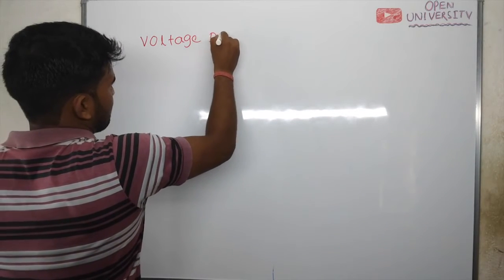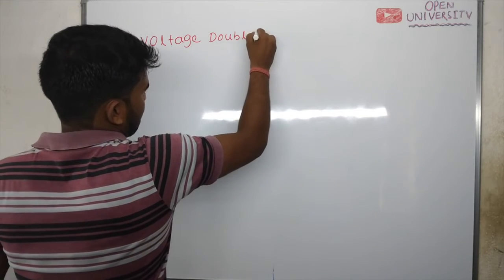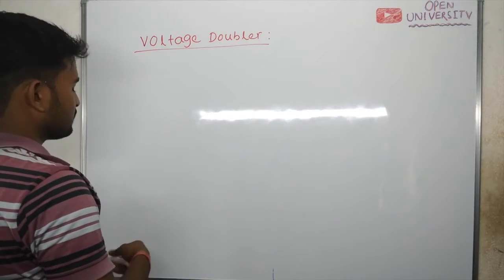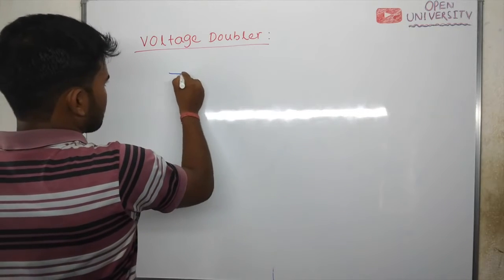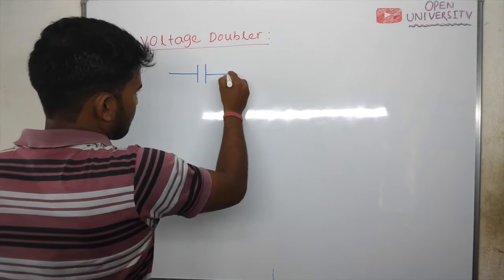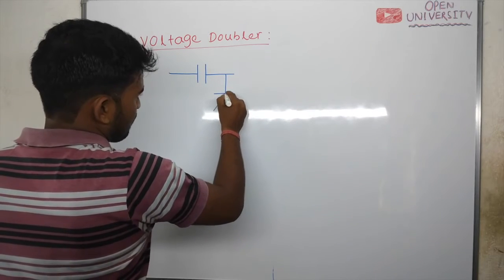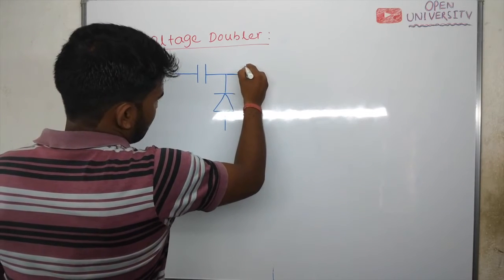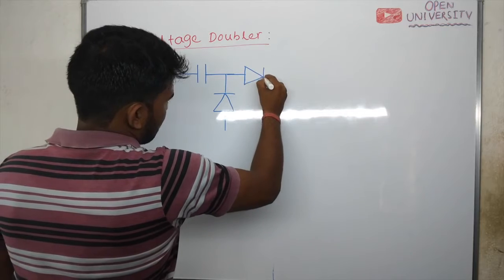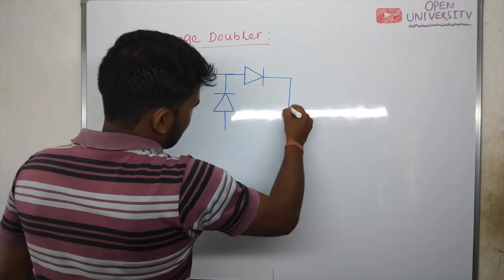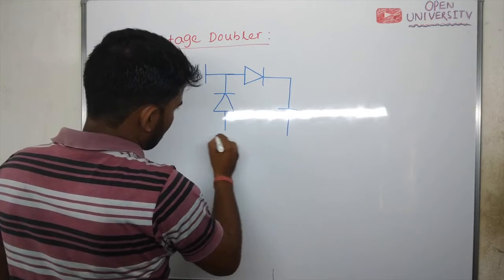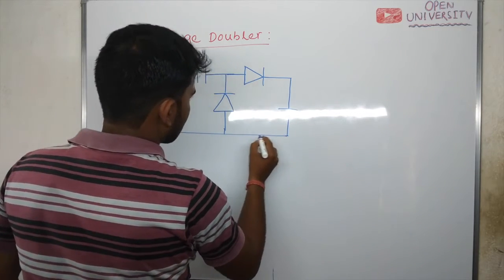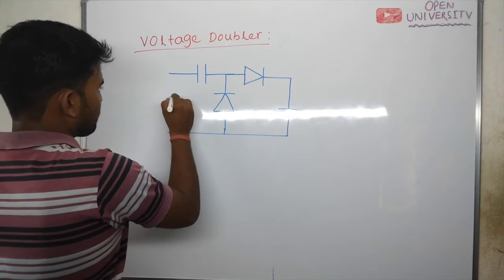Voltage doubler. What is the voltage doubler circuit? This is your input voltage Vi.